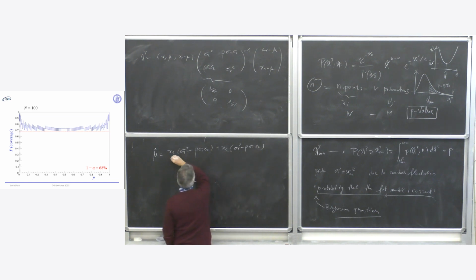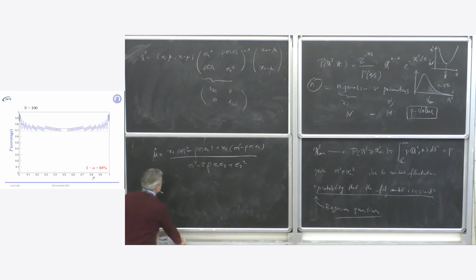And at the denominator, you get this product, which is sigma 1 squared minus 2 rho sigma 1, sigma 2, plus sigma 2 squared. So here are the terms which contain rho.